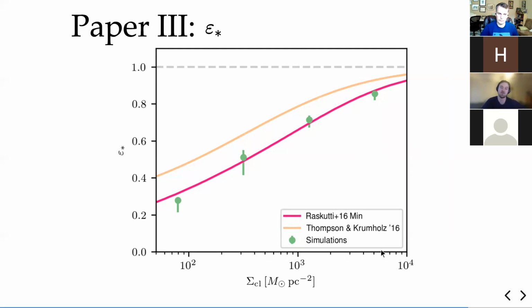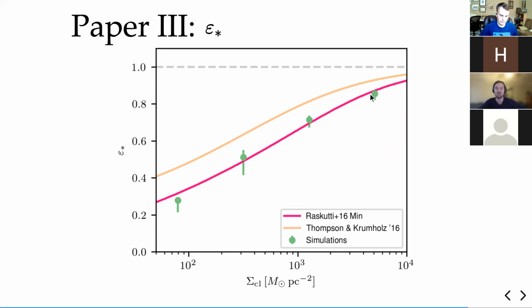That's what these two papers, these theories I'm referencing here, do, and we can compare that against our simulations and see pretty good agreement that the star formation efficiencies you might expect for a constant momentum input rate feedback mechanism are well behaved.